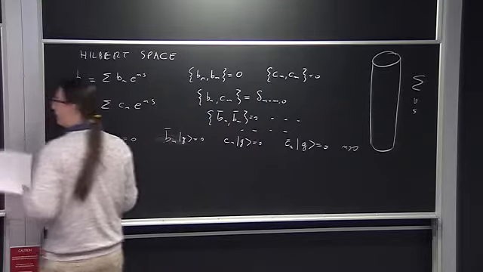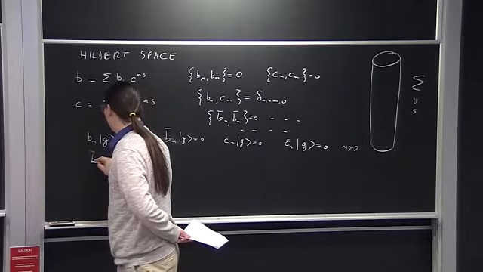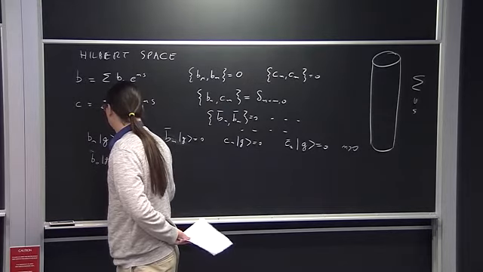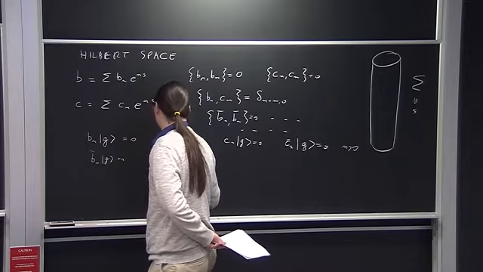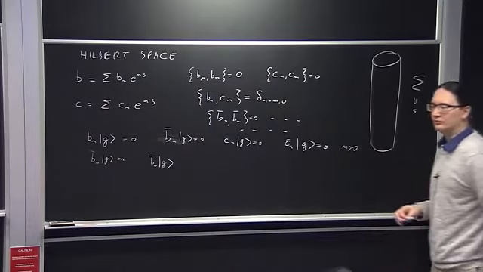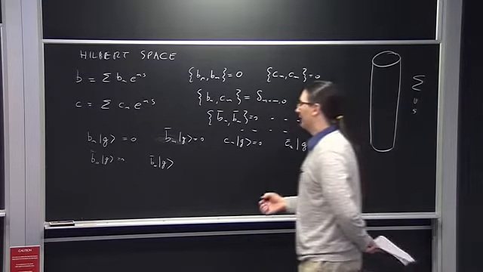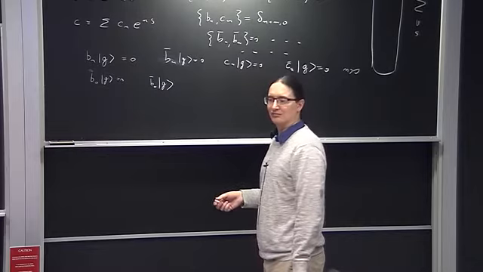Now we need to decide what to do with the zero modes. Let me just pick a state which is annihilated by B0 and B0 bar. Now, starting from this state, you can create three more states with C0.